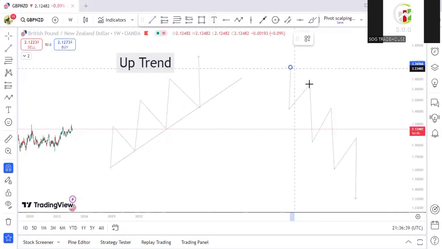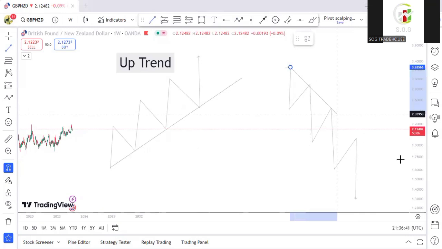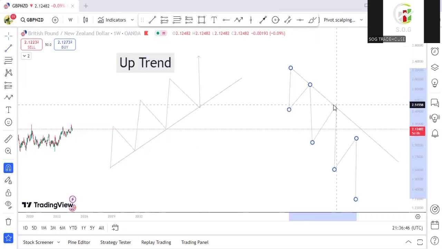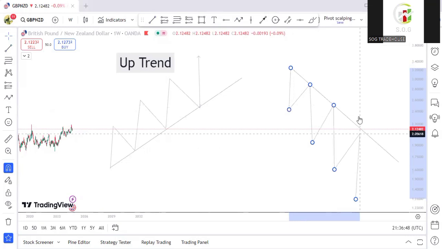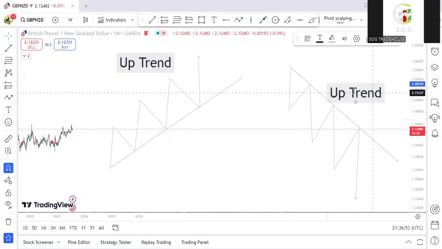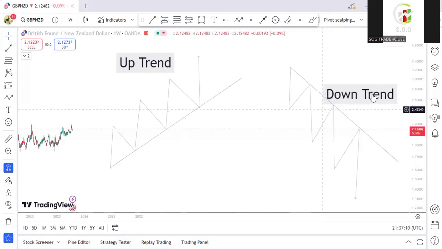So there's the first touch, second, third, and fourth touch. Right. So there's the uptrend and there's a downtrend.